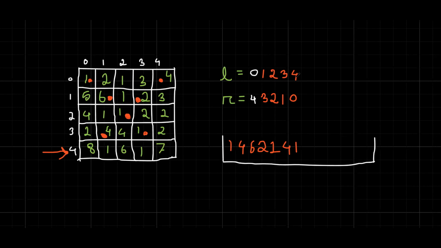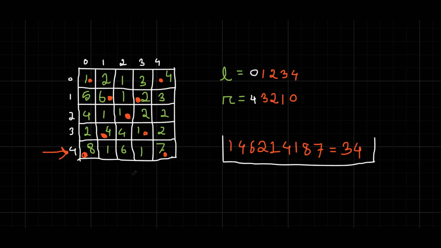So we have to consider column number 4 and column number 0 for the last row, which is this and this. 8 is for the 0th column and 7 is for the 4th column. So we have to include the values 8 and 7 in our resultant vector. So we can say that the summation of all of these values is 34. So in this 5 by 5 matrix, the diagonal sum is 34.